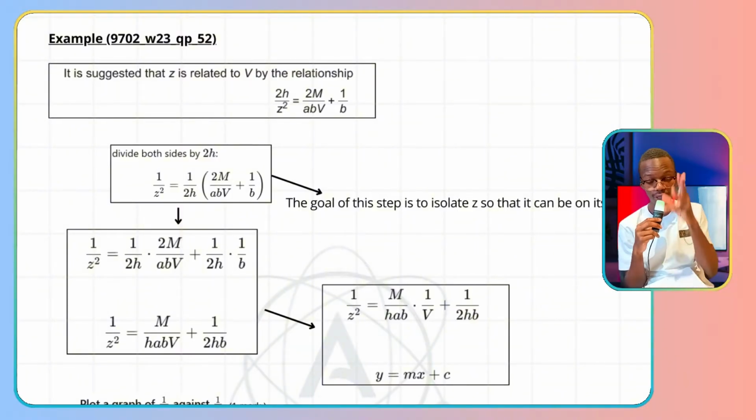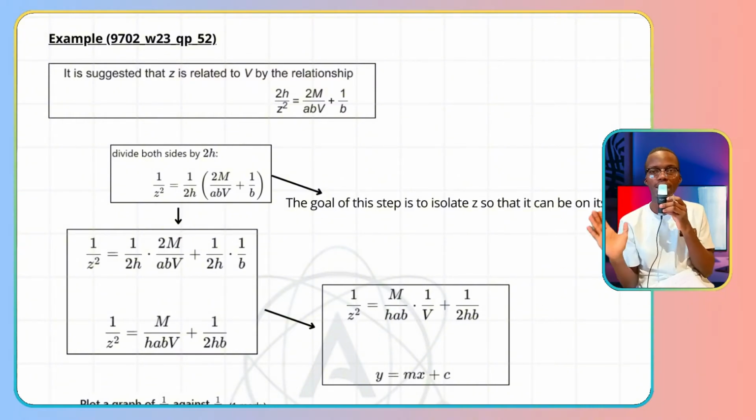So I need to leave z on its own, and I need to leave 1 over v, or v on its own. If I look at that equation, I have 2h over z squared. I have to leave z squared on its own. Remember, it doesn't have to be z alone. It can be z squared, z cubed.